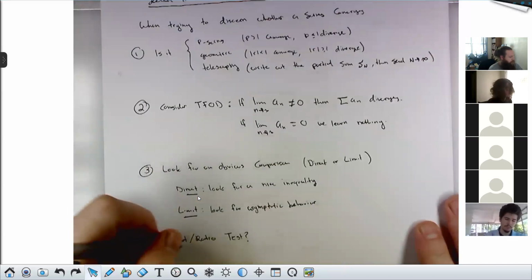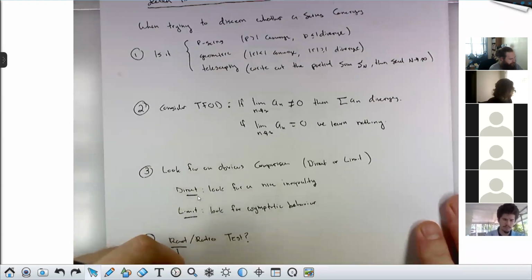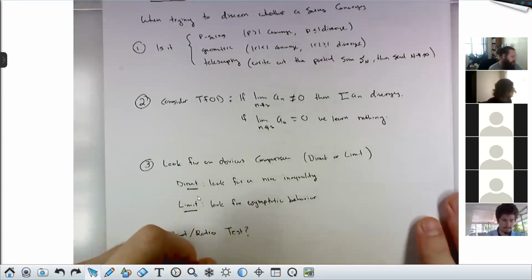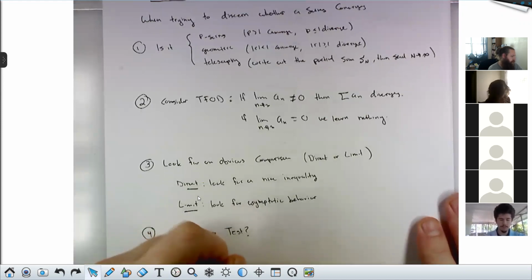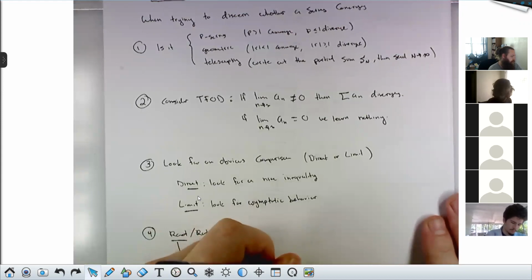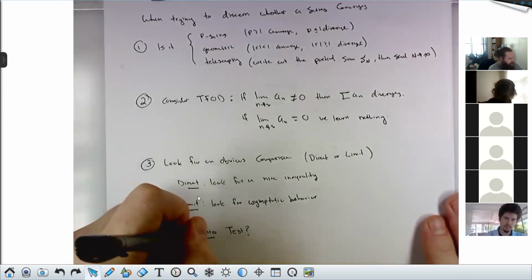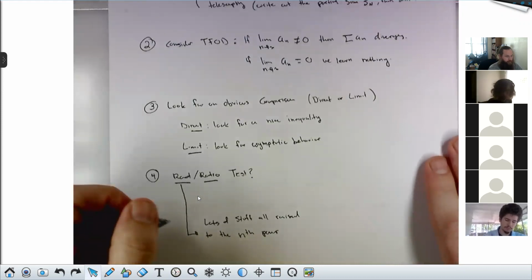If there are a bunch of stuff raised to the n, that's an indication you should use the root test.